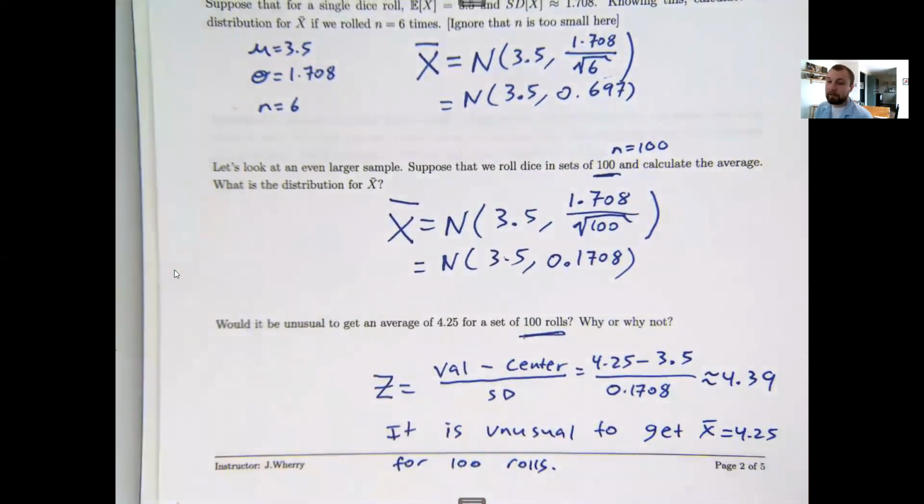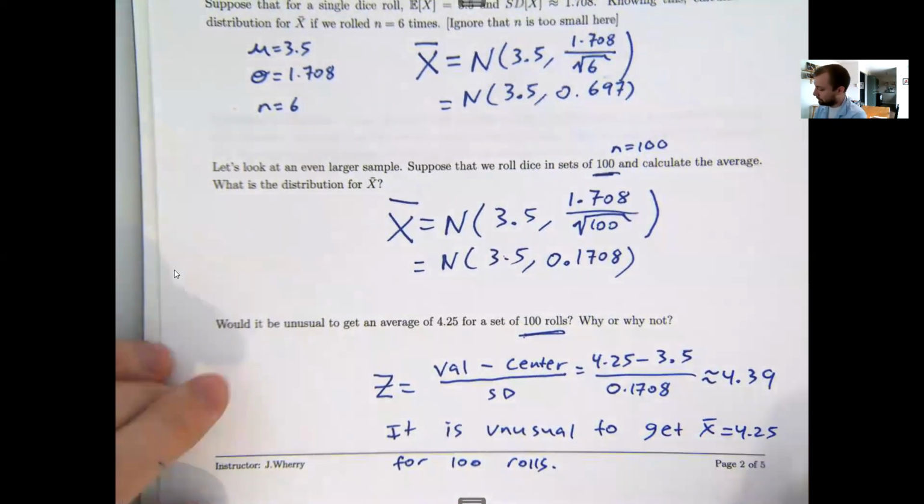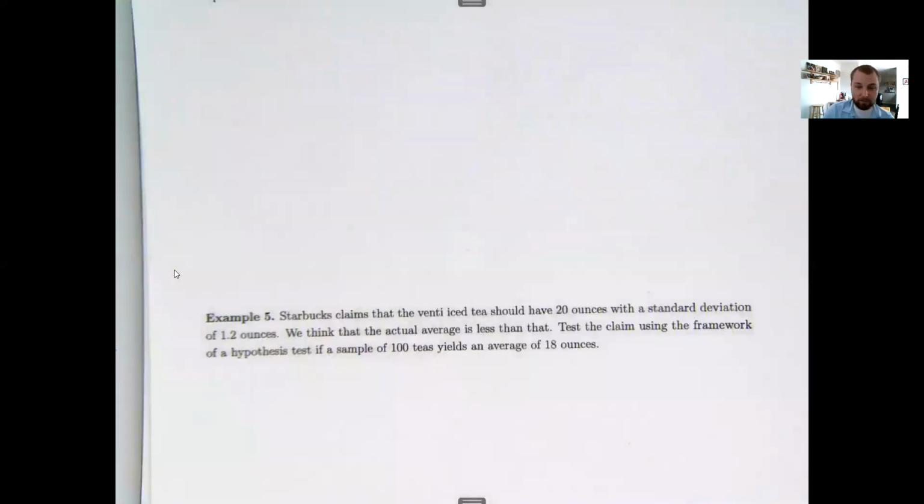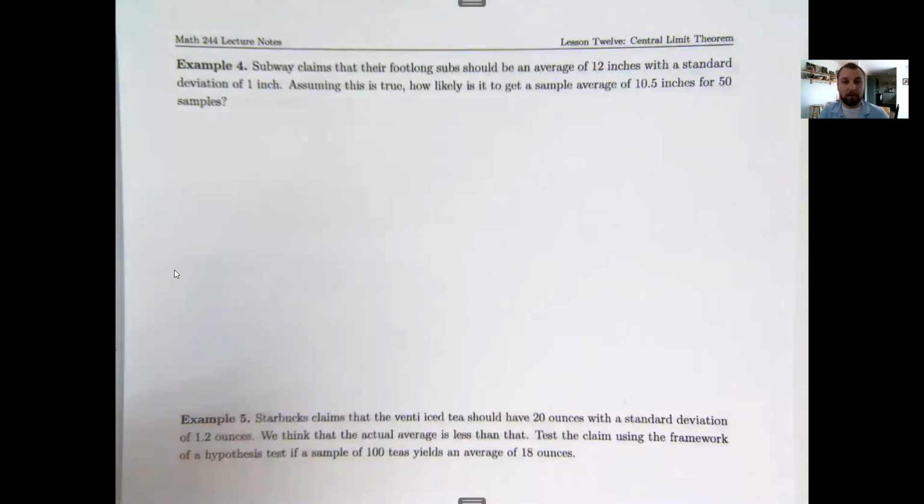I want to continue using this distribution, just plugging in mu, sigma, and n to test some claims. So Subway claims that their foot-long subs should be 12 inches on average.